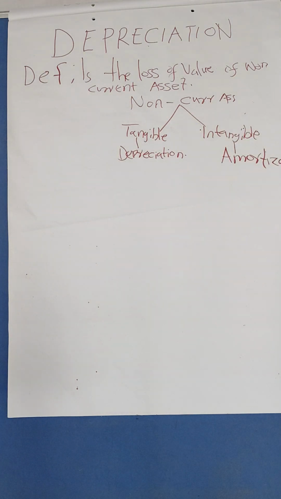We say these assets are amortized. So for today, we are going to focus on the tangible assets, the machinery and so on. In another video, I will show you how we look into the intangible assets and how to calculate the amortization for goodwill and others.